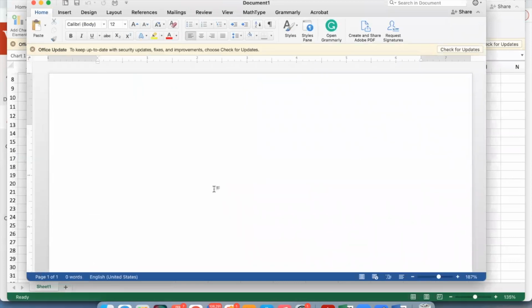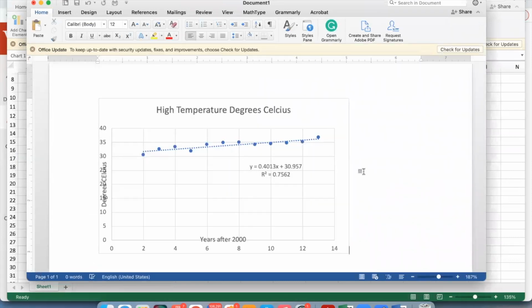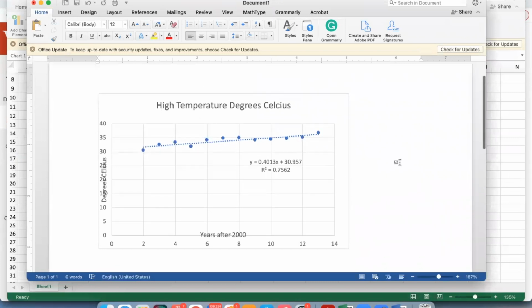Control V. And I've got a beautiful looking graph. Notice it's well labeled. I have both of my axes labeled. I've got a title on it. I've got my trend line and my R squared. So all of that should be in yours when you do the group assignment.